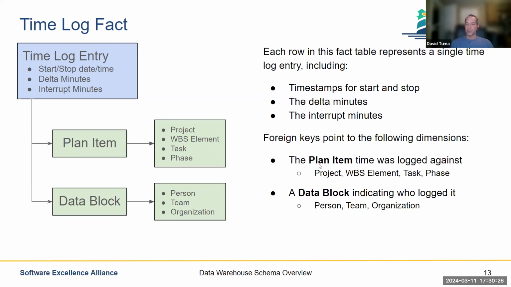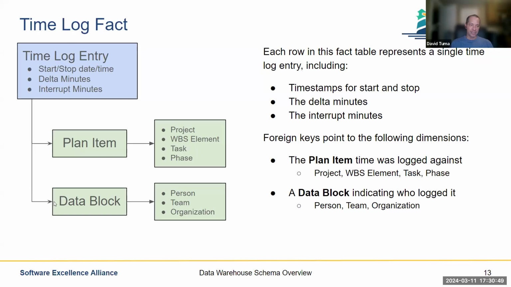Then it has a column with a foreign key to a plan item, indicating which project plan item this time log entry was logged against. And then, from that plan item, we can look in the plan item table and get pointers to which project, WBS element, task, and phase it was associated with.